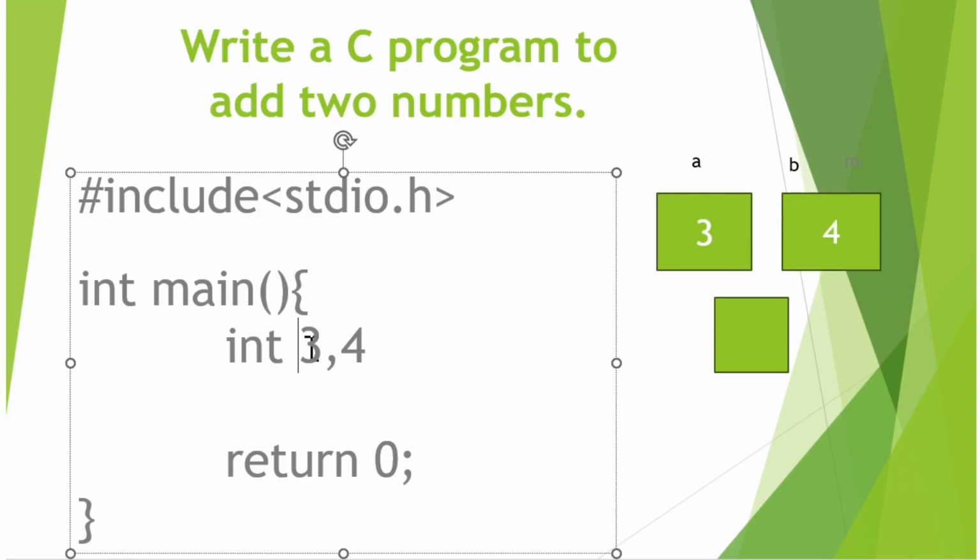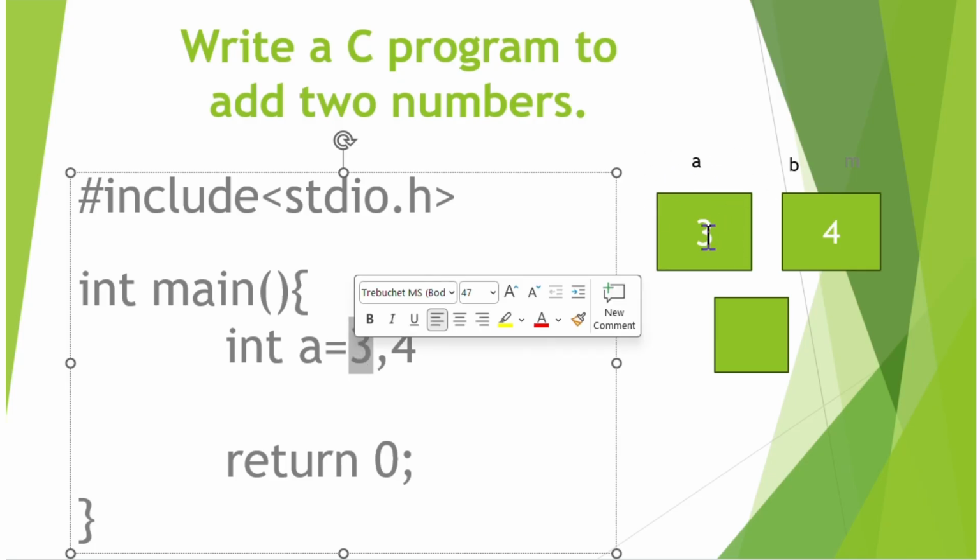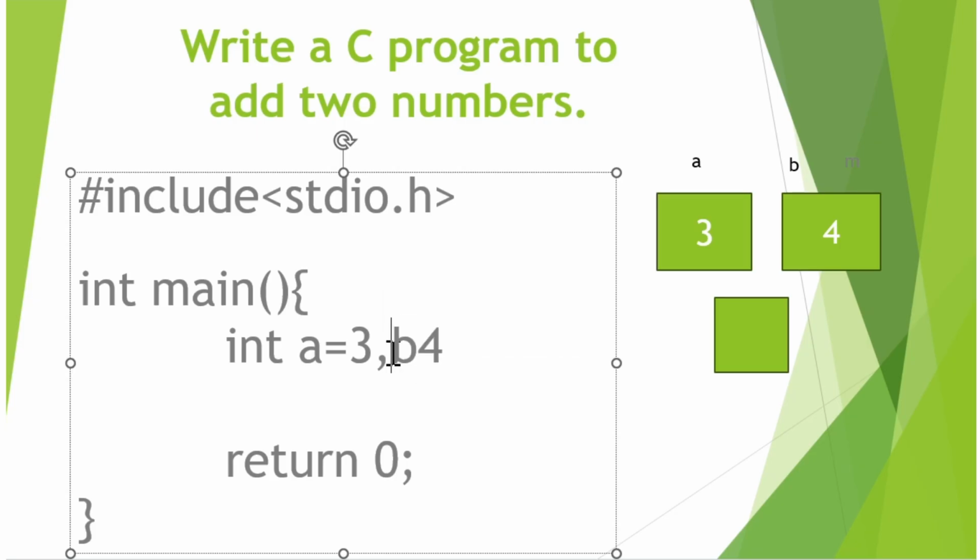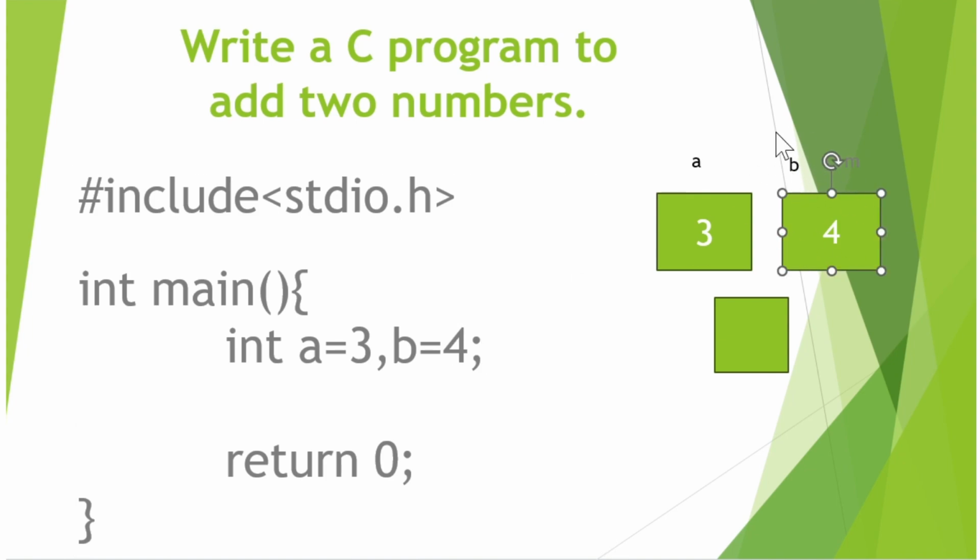Here I will write int A equal to 3. It means the number 3 is stored in a space named A, and I will write B equal to 4. So 4 is stored in a place which is named B.